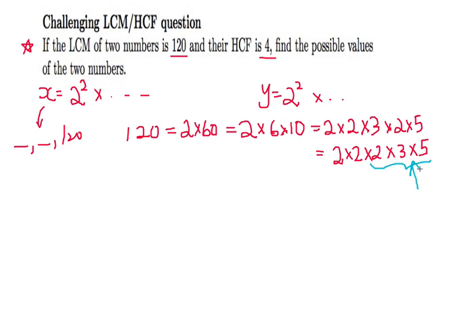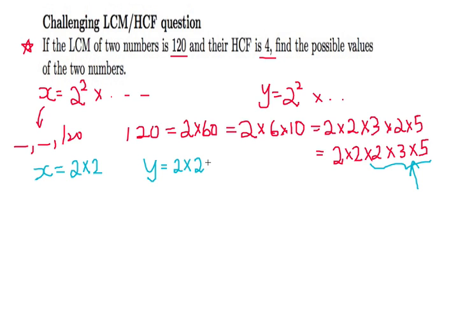So say for example, if x is 2 times 2, which is 4, y is also 2 times 2, so x and y have highest common factor 4 now.